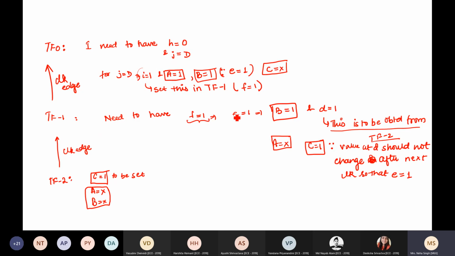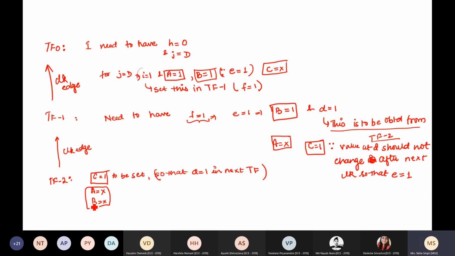Right? But during this time, I also want D equal to 1, which can be set only in the previous time frame. So we move to the earlier time frame, and in order to set D equal to 1, I should have C equal to 1. Right? I can write here C equal to 1 so that D equal to 1 in the next time frame.